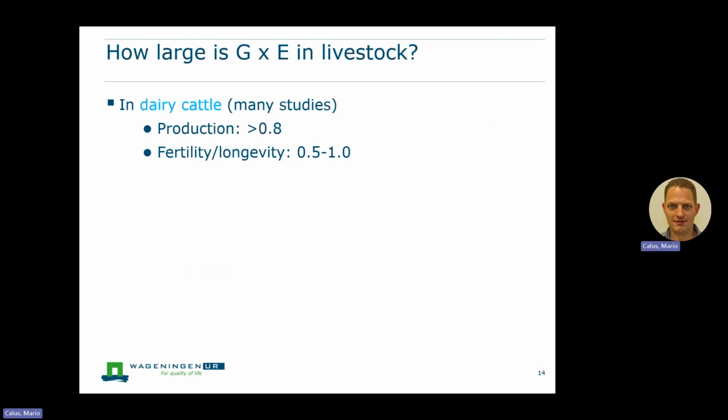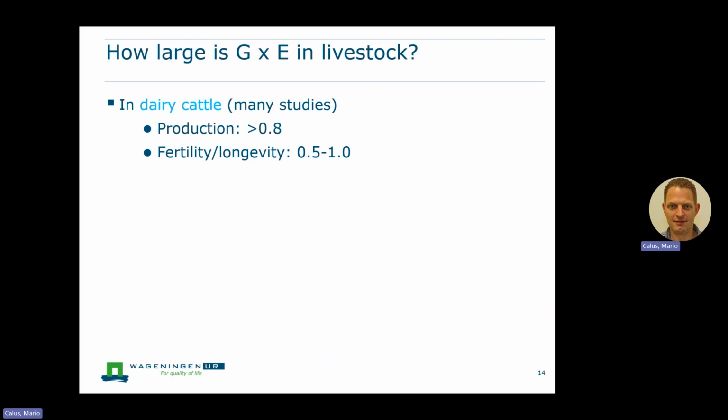So I'll just quickly run you through the different livestock species and say a little bit about genetic correlations between environments that people have found in different studies. So in dairy cattle, a lot of studies have been done there. This is also partly done by an organization called Interbull that tries to estimate breeding values using information of different countries.